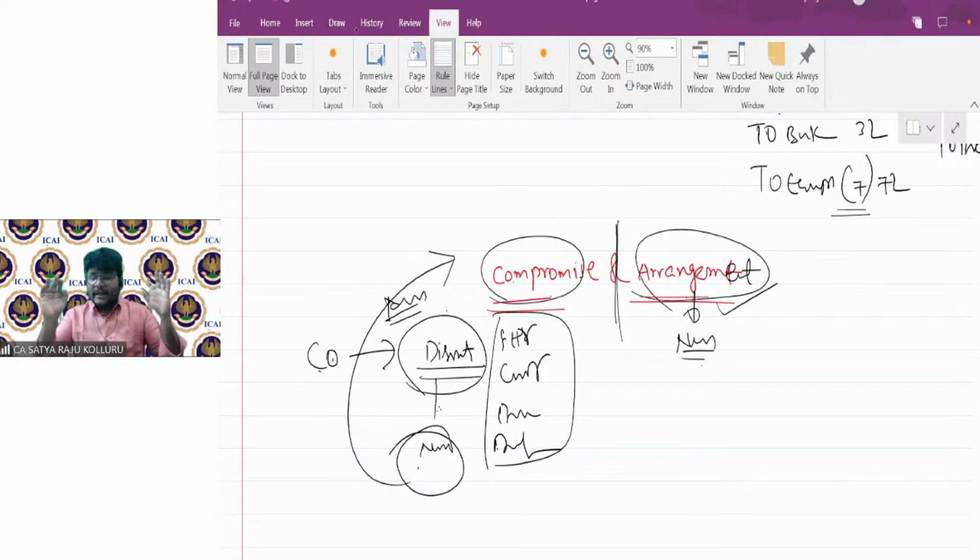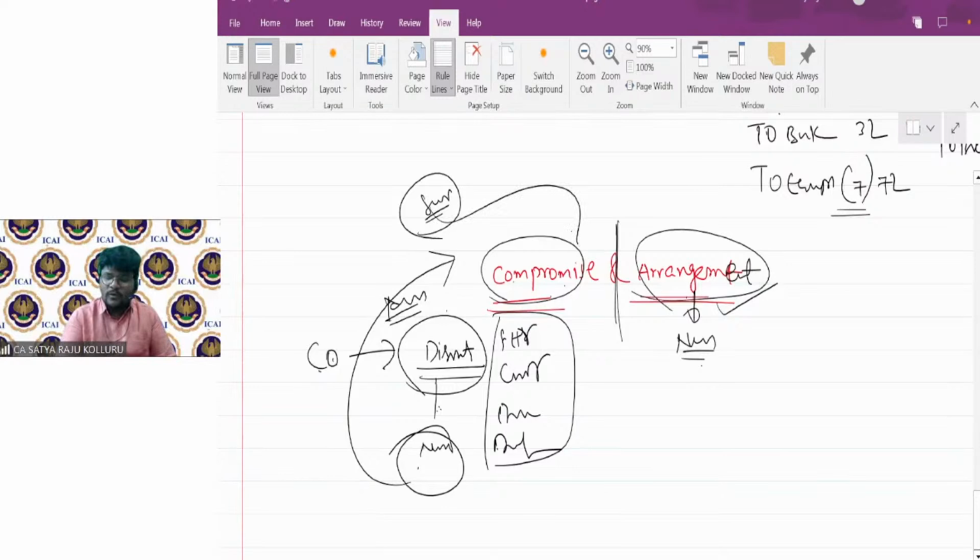Sir, but definitely when a particular agreement is known as compromise or arrangement, in that agreement, if sacrifice is there, then only it should be known as compromise or arrangement. Or I cannot put it as sacrifice, but definitely there is some change.